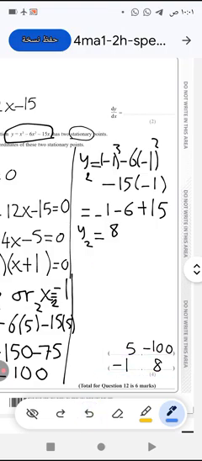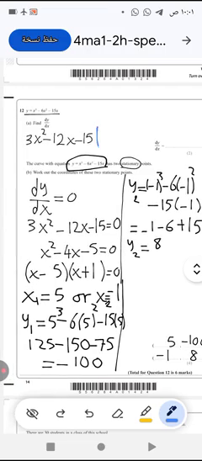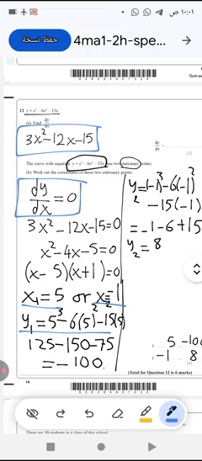Step 1, find the first derivative. Step 2, put this derivative equals 0. We get these solutions, these roots, and substitute the first root, we get the y coordinate, and substitute the second root, we get the second y coordinate.